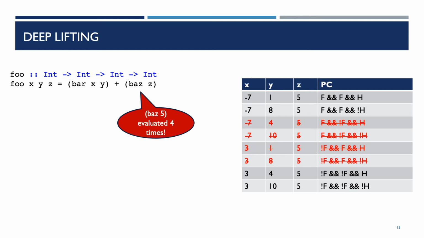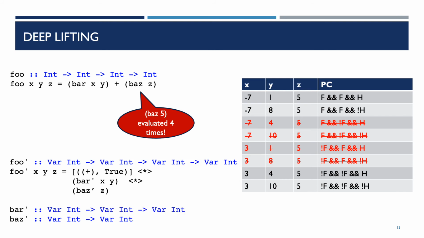So this expression is going to be evaluated 4 times, and we would like to eliminate this kind of redundancy. In order to be able to do that, we need to push lifted function application inside the body of the function, which means we actually need to rewrite foo in this way here. And again, the benefit of deep lifting is, first of all, we can keep pushing lifted function application as deep as we can, and the more we do that, the more sharing we can leverage.